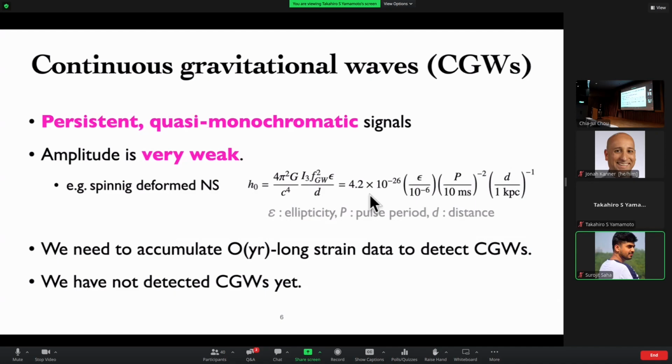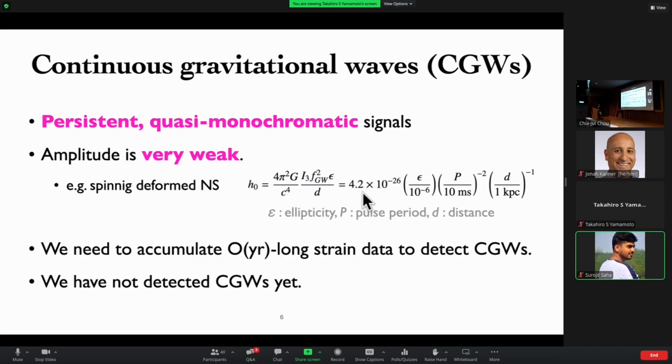So, for example, for the binary black hole GW150914, the amplitude is of order 10 to the minus 21 at maximum. Compared to that, you can see the amplitude of continuous waves is quite small.